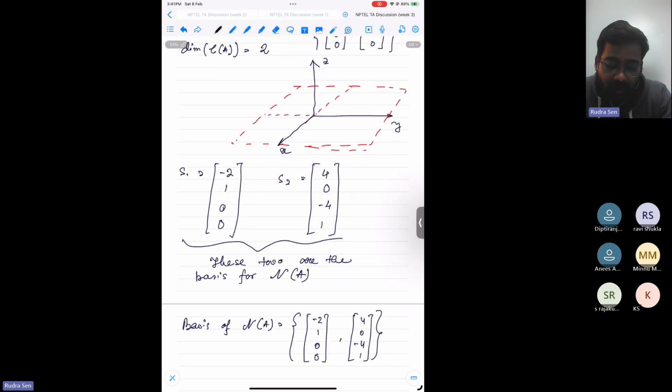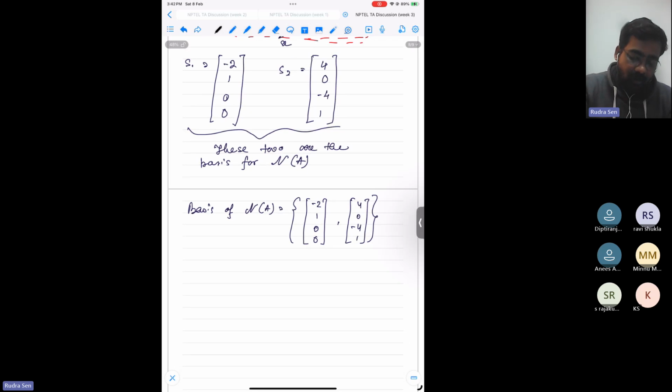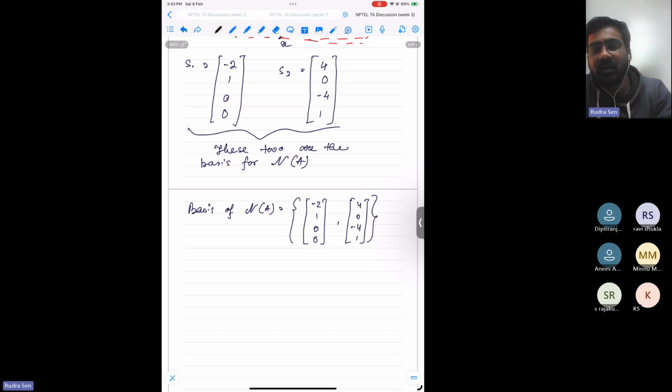That means the number of variables defines the number of elements in each vector of the null space. So the basis of the null space is these two vectors, which are linearly independent. How can we say these are linearly independent?